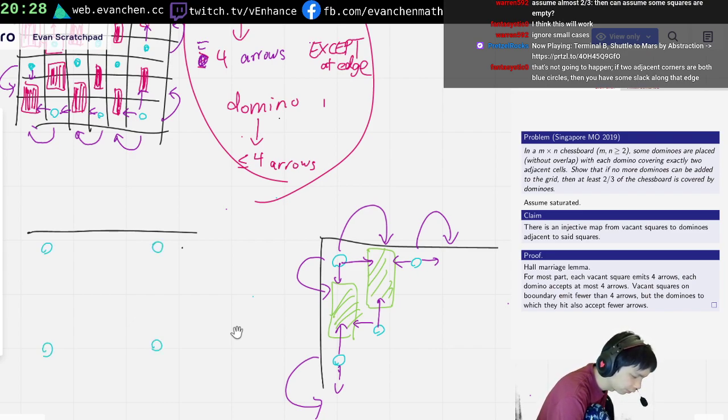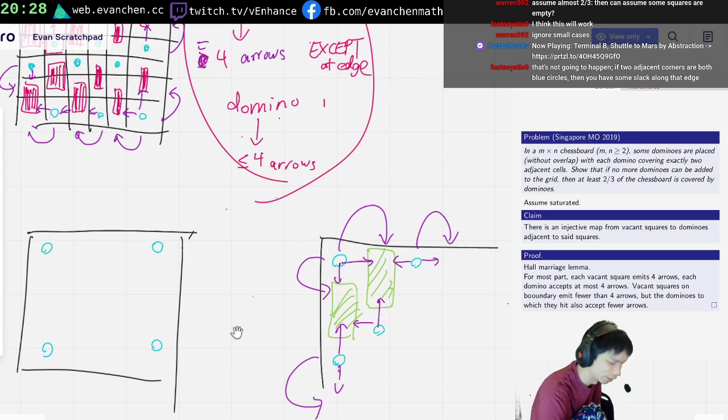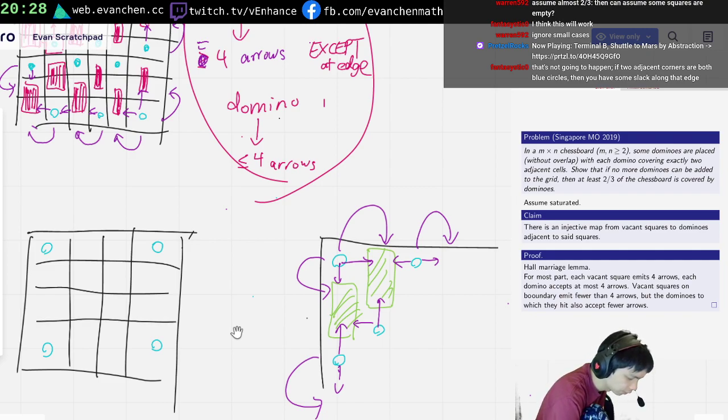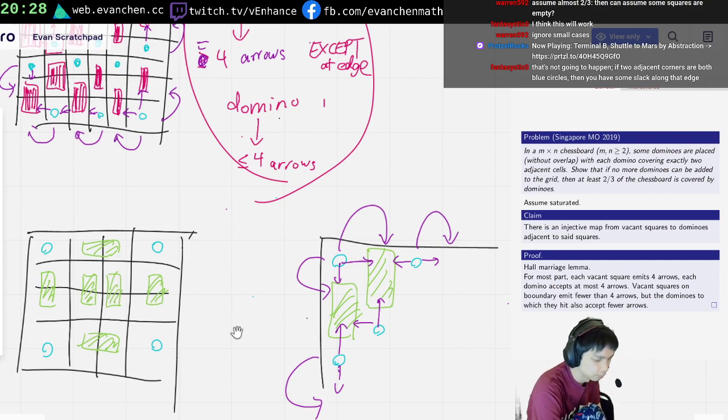This is called the scenario where it's a 4x4 with 4 corners. Okay, so what's happening?